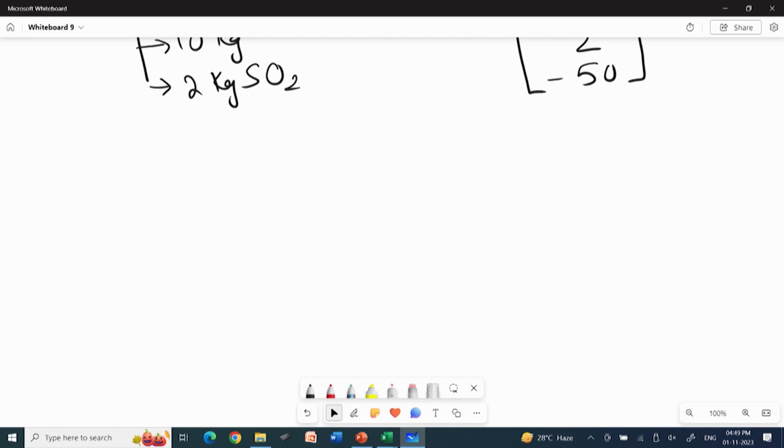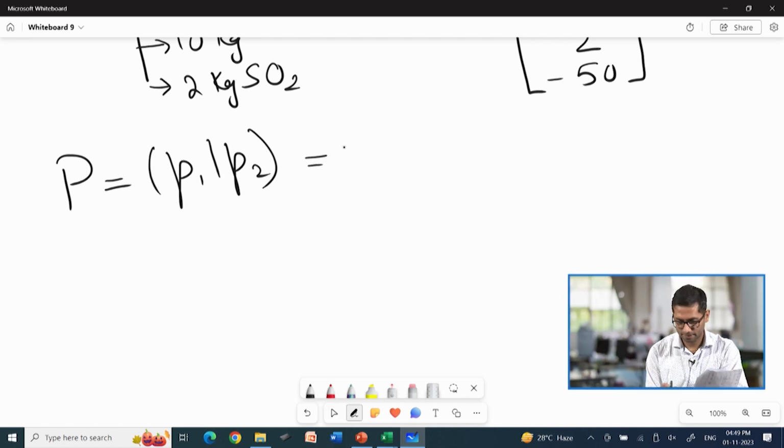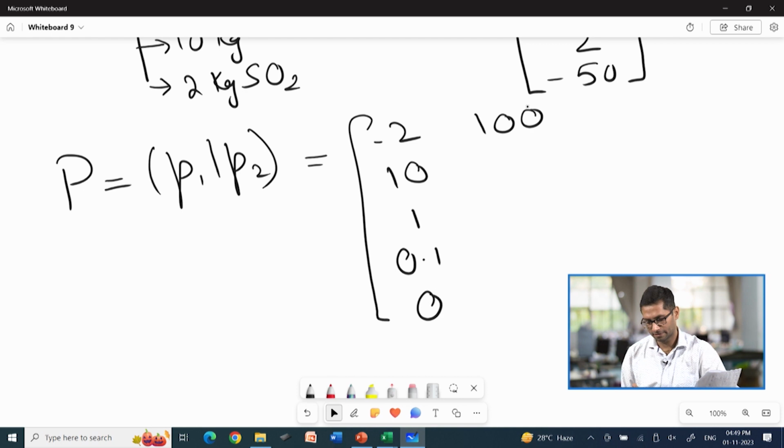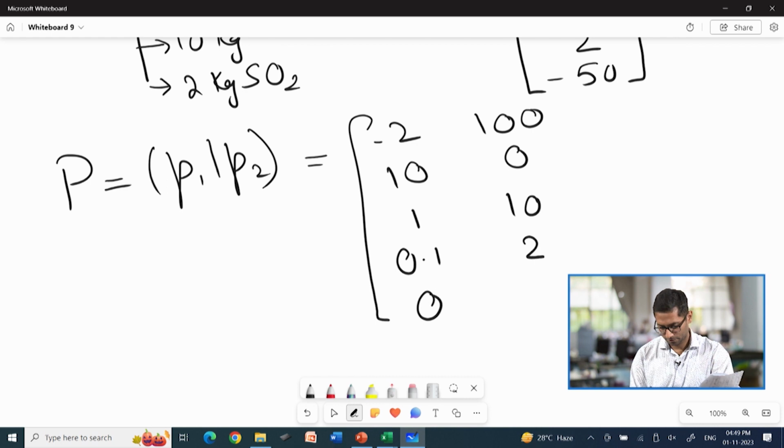So now let us try to define these processes together with a combined notation, a vector with a capital P, which basically includes both the unit processes P1 and P2, and I can define this as a joint of the two vectors, which would be -2, 10, 1, 0.1, 0, and then 100, which is the liters of fuel that is produced, 0, 10, 2, and -50.